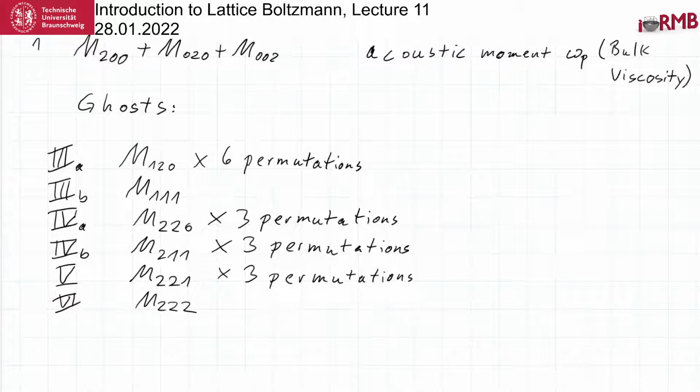Now, okay, these are the groups, and the question is, we could now say that each group has its own relaxation rate, but this is not quite correct, or at least we have to check this.